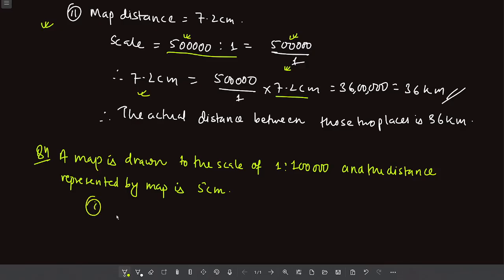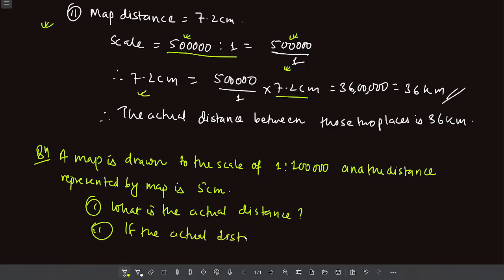Now the first question is, what is the actual distance? The second question is, if the actual distance is 50 kilometers, what is the represented distance in map?